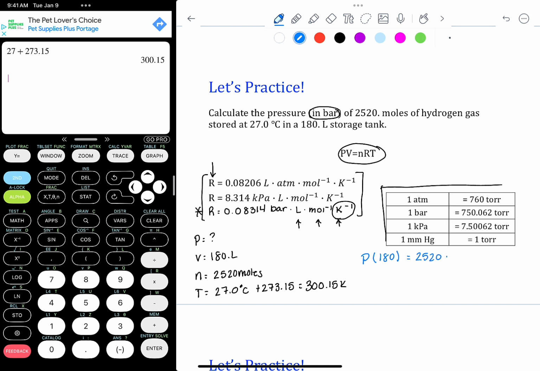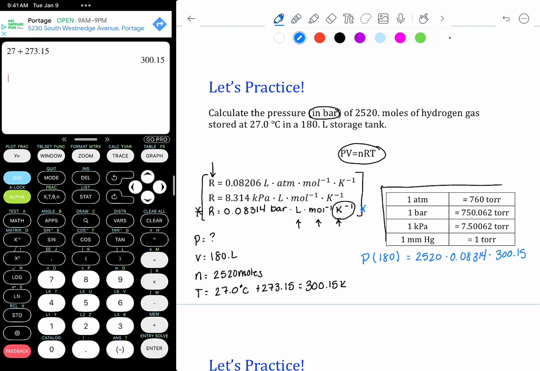And now we have R. We want to make sure we use the R that is in the same units as the pressure that we either have or that we want. So we are going to use 0.08314 for our R. We're then going to plug in our T, which is 315 Kelvin. And now we want to solve for P.